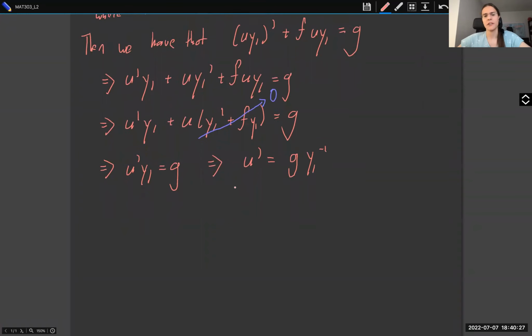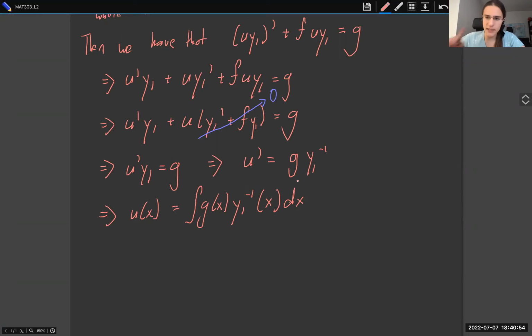I shouldn't say inverse. And as a consequence, u of x is equal to the integral of g of x times y1 to the power of -1. So this isn't the inverse, this is just the reciprocal. I could write this as g divided by y1 dx.